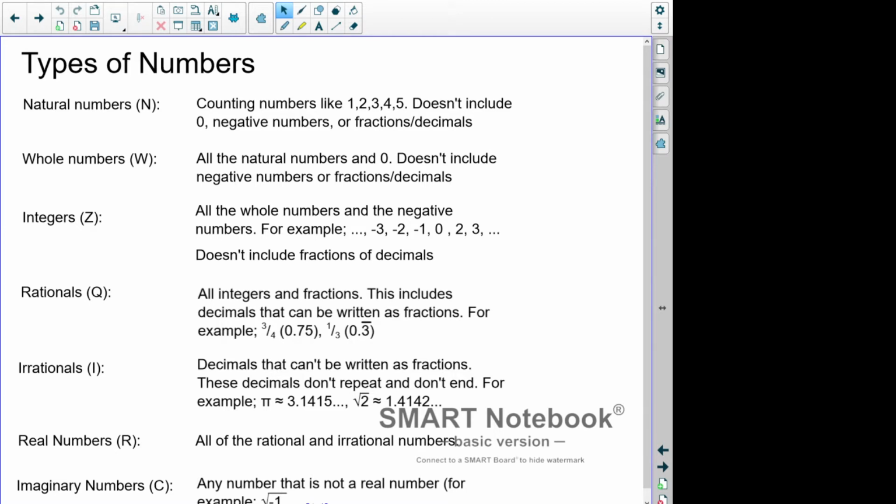And then quite a ways after counting numbers were established, the concept of using 0 as a number came about, and there was actually a mathematician from the Middle East, Al-Khwarizmi was his name, Muhammad Al-Khwarizmi. Anyway, he was one of the first people to popularize the use of 0 as an actual number.